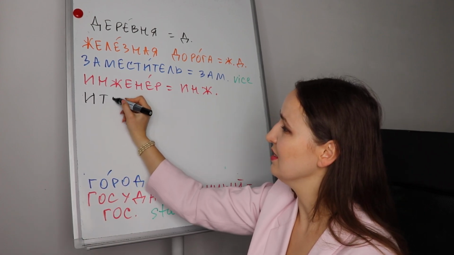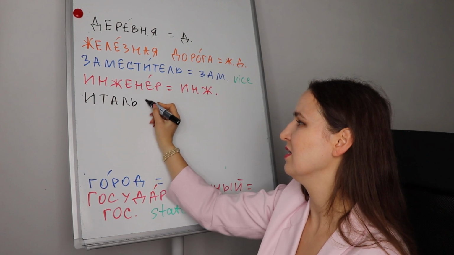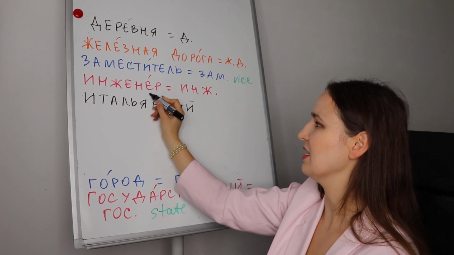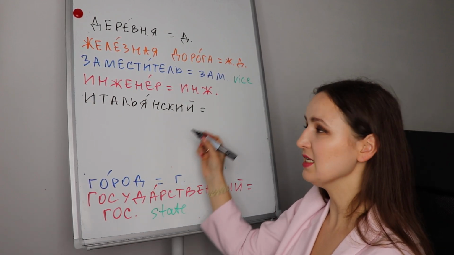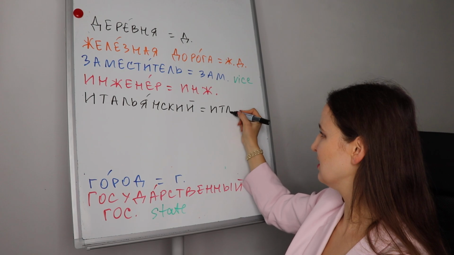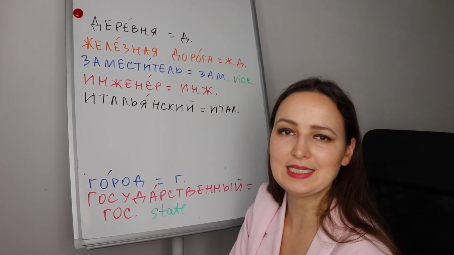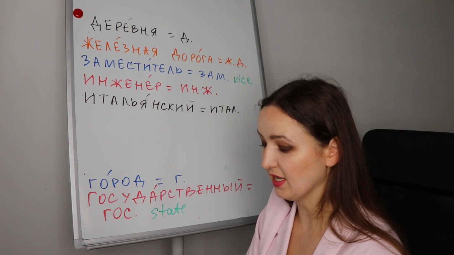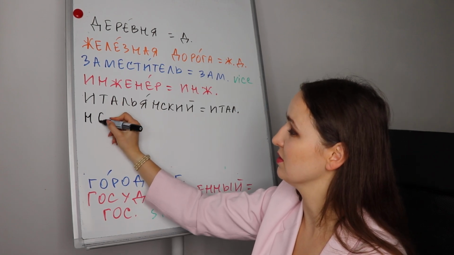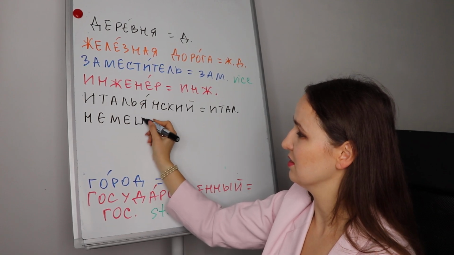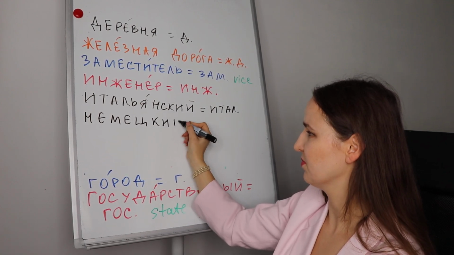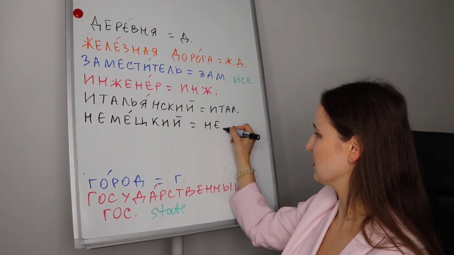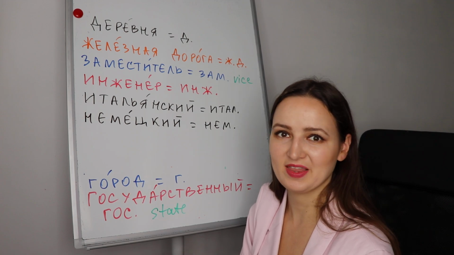Italianский. Italian. Italianский is Ital. Italianский, Italian, Ital. Let's take немецкий, German. Немецкий. Very often in books you will see this abbreviation nem.